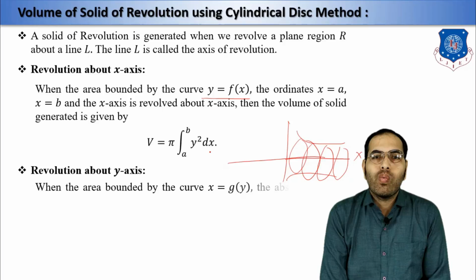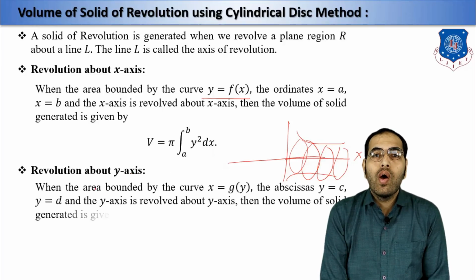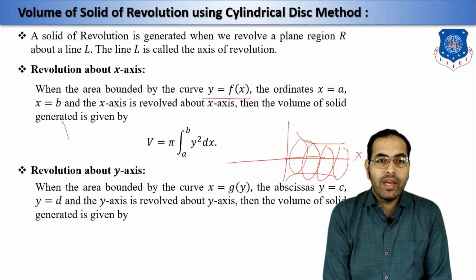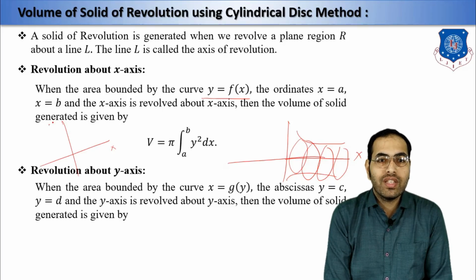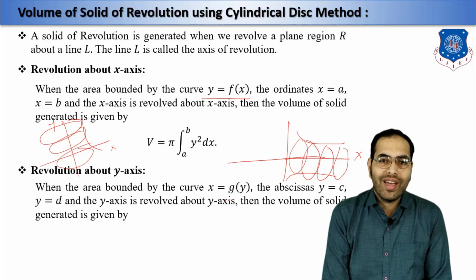V equal to pi integral a to b y square dx. Now, revolving about the y-axis means our function or our curve is in the form x equal to g of y. Suppose this one is the x-axis, this one is the y-axis, and our curve is like this, and this type of curve is revolving about the y-axis.